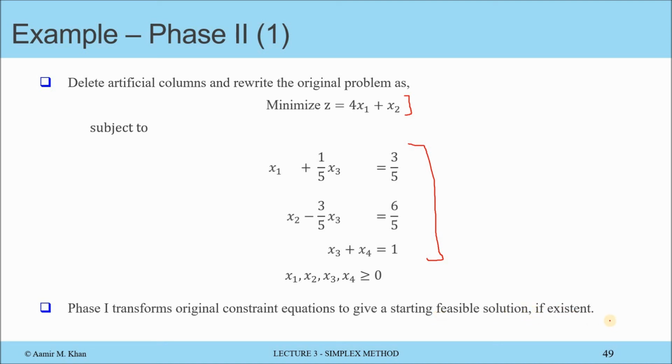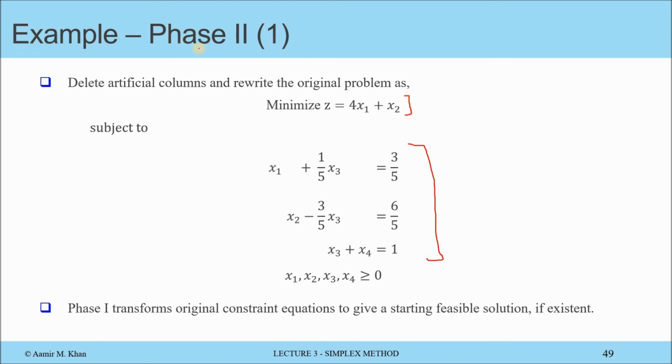If it does not exist, you will stop here. You will not get the optimum values. You will have the artificial variables still with values in the columns.